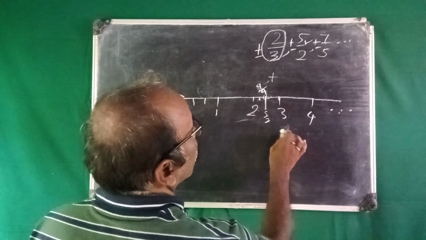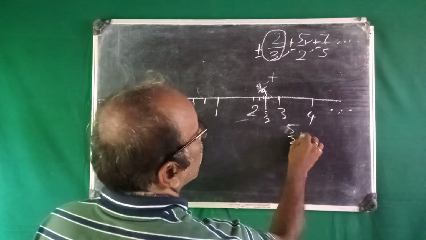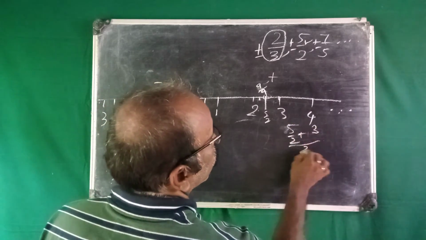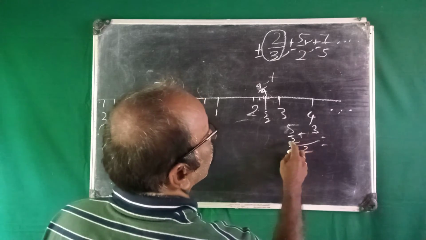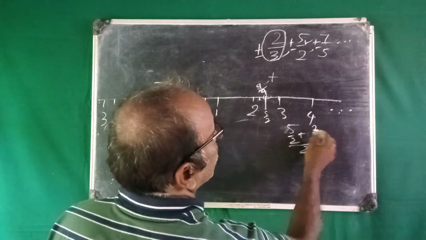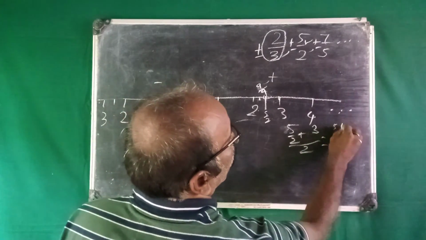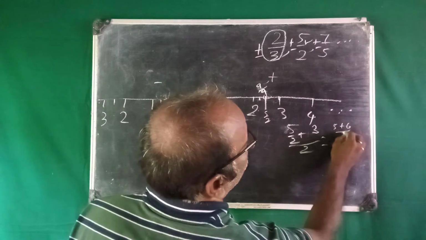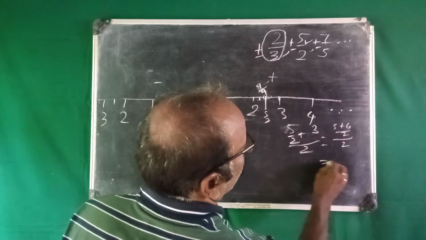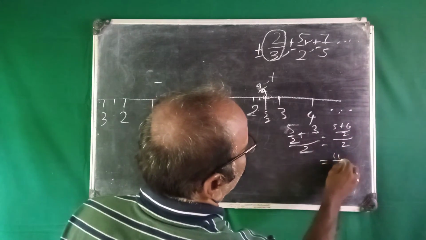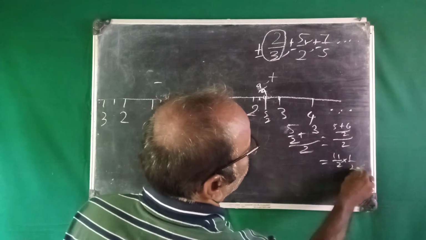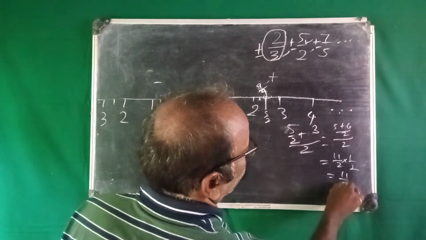Similarly, we calculate the third rational number between 2 and 3: 5/2 plus 3 whole upon 2. 3 twos are 6, 5 plus 6 is 11/2, into 1/2, 11/4.